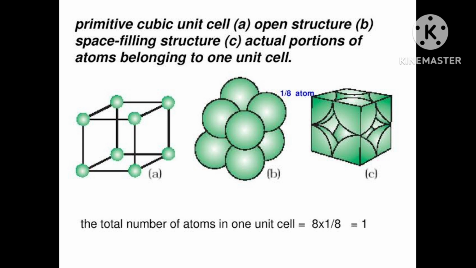Okay, 4 up and 4 down, total 8. Then one atom is sharing 8 unit cells. 2 upside and 2 down, 4 upside, 4 down total.